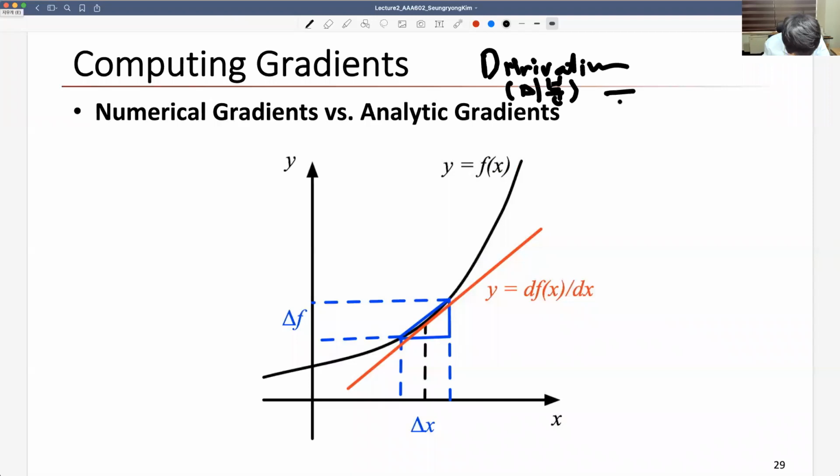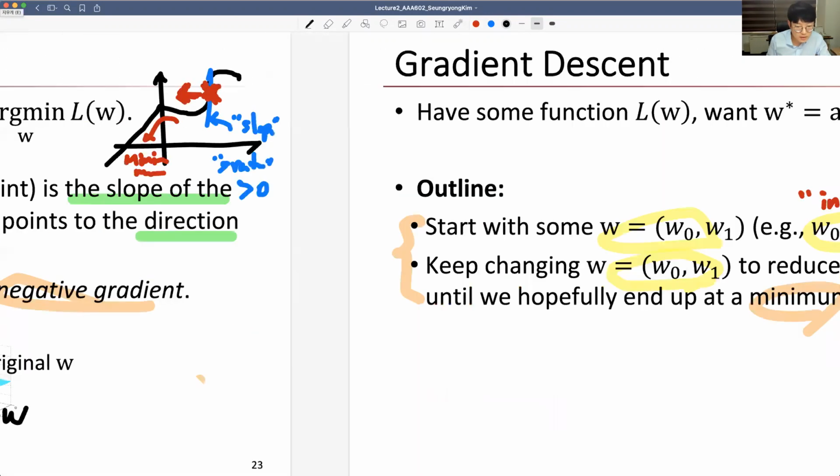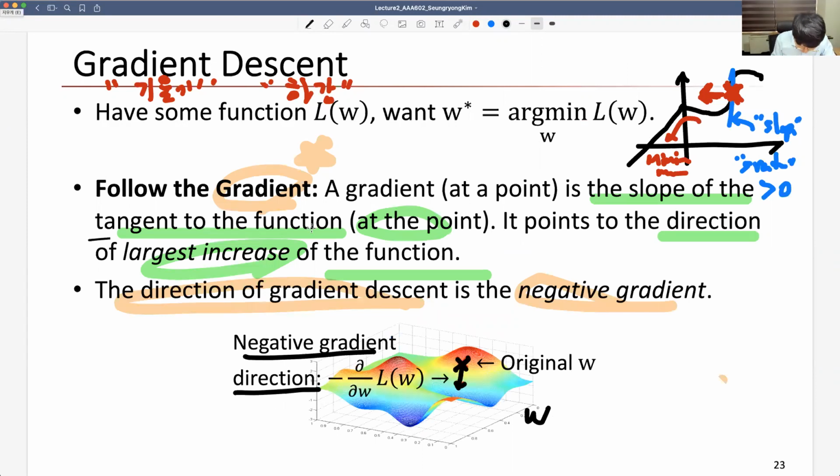The derivative is for finding the gradient. The gradient was the slope of the tangent. If you remember this page, the tangent of the function, right?